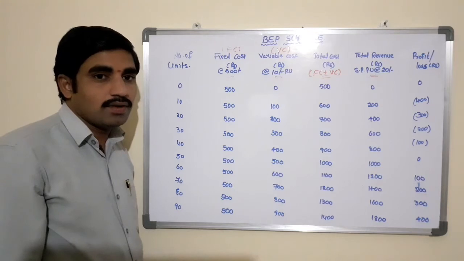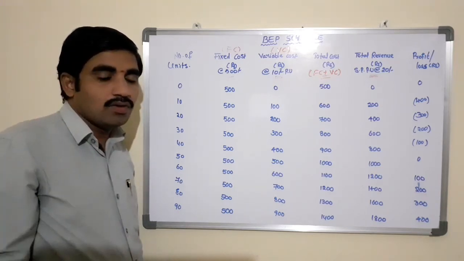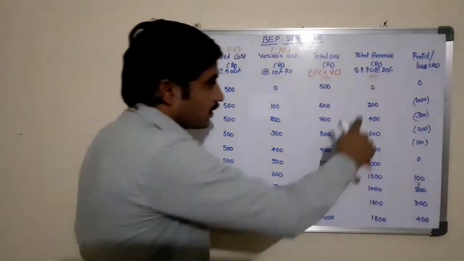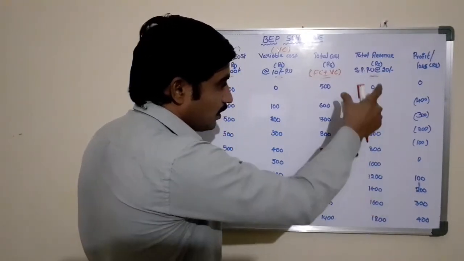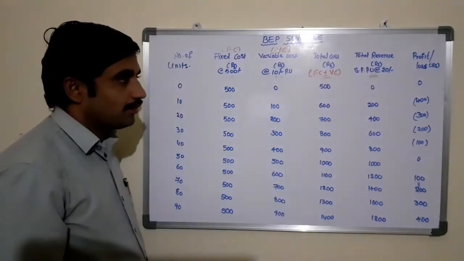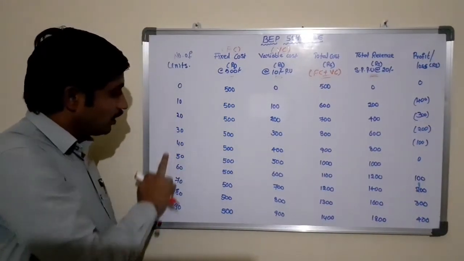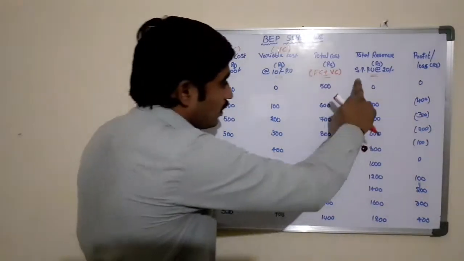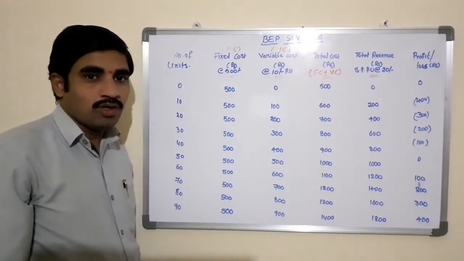According to the level of sales, as you increase the sales in the market in terms of units, similarly the total revenue of the business will change. The relationship between the number of units that we are producing and selling in the market and the total revenue generated by the business is always positive.